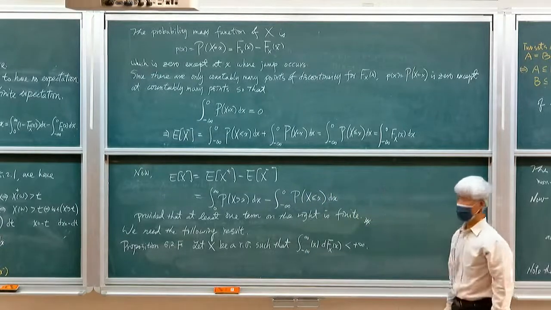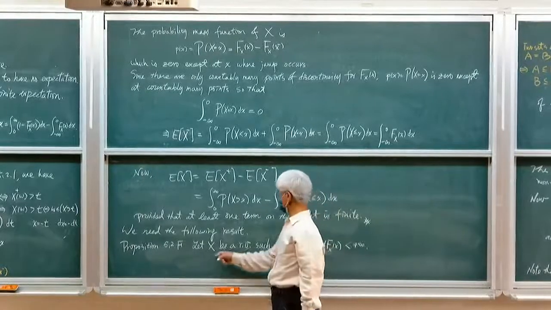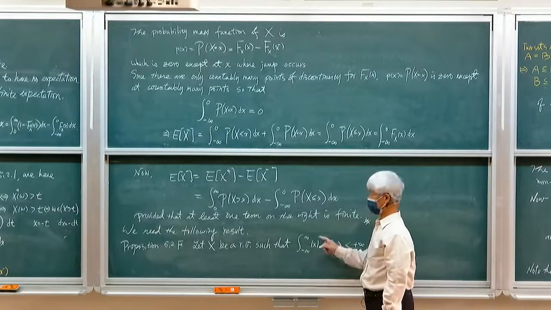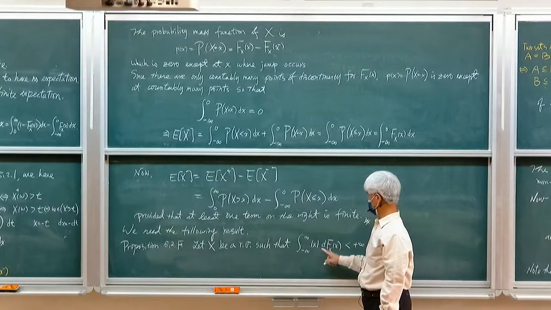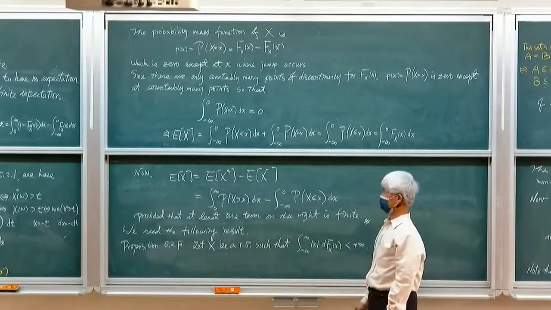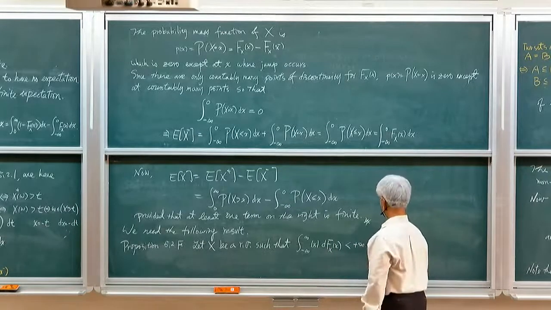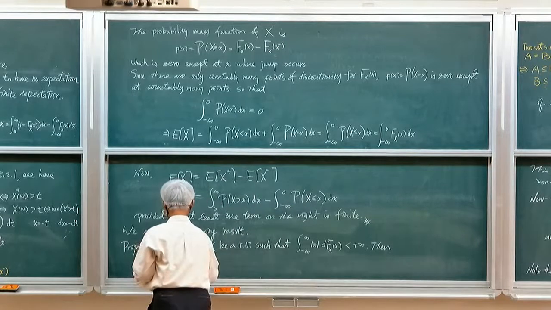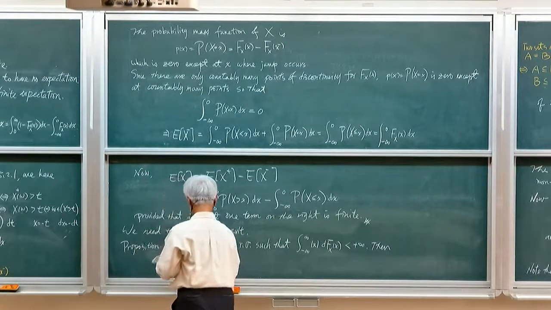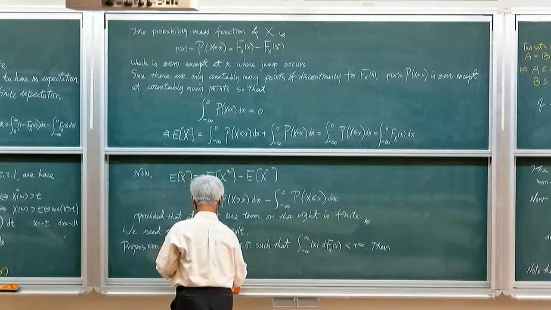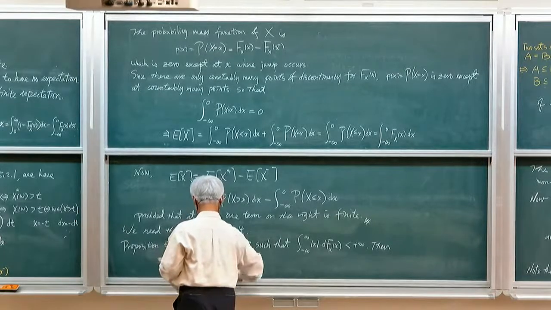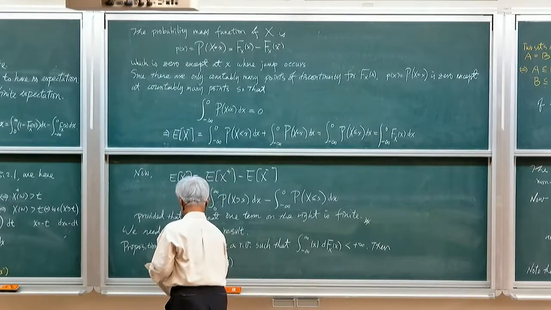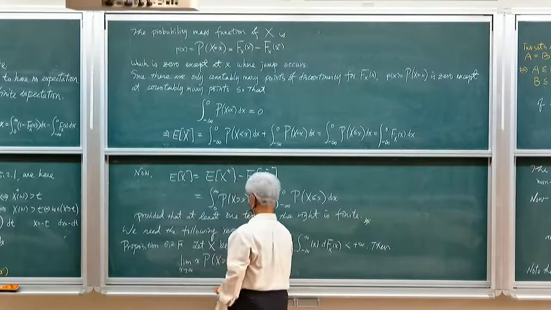Okay, so suppose X is a random variable, and when we evaluate this improper Riemann-Stieltjes integral, it's finite. Then we have the result that the limit of x times (1 minus F of x), just to say x times the probability of X greater than little x, as x goes to infinity, is equal to 0.